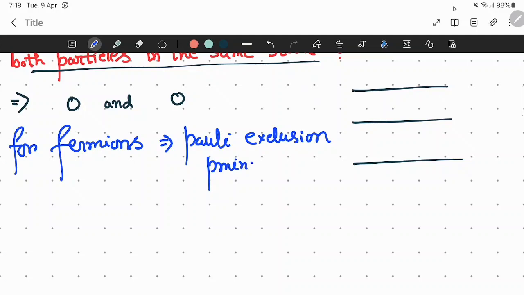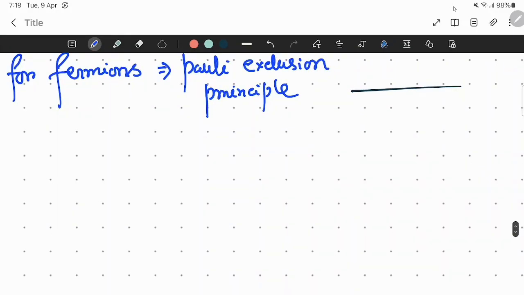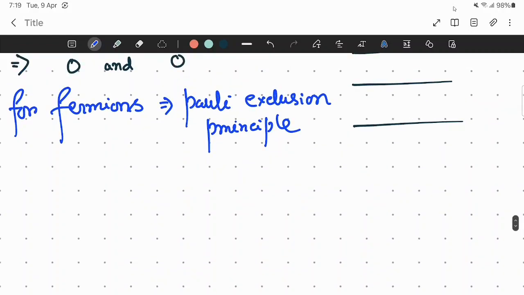Which means that the same energy level can't be shared by two particles. This is the Pauli exclusion principle, we know. So in a particular energy level, more than one particle can't reside. Maximum zero or one. This is a beautiful feature of fermionic particles, which is not present in the bosonic case.